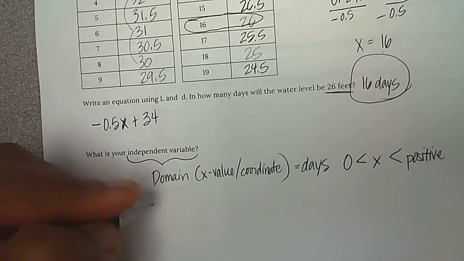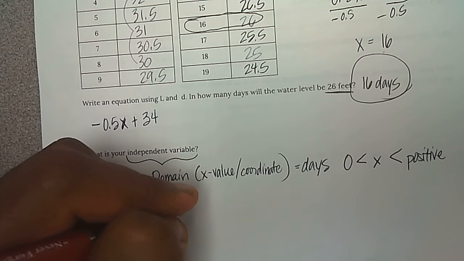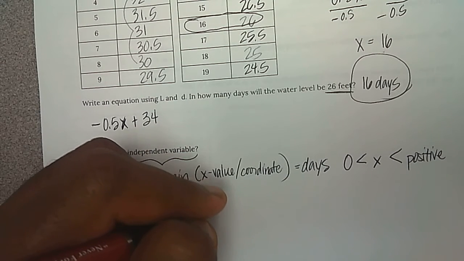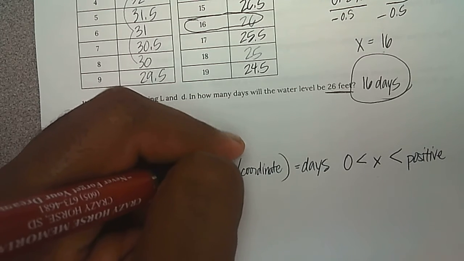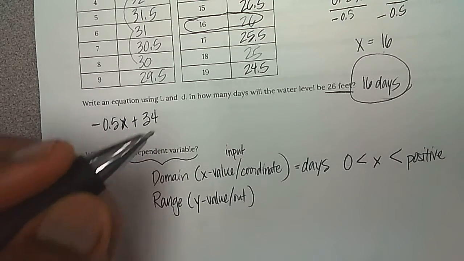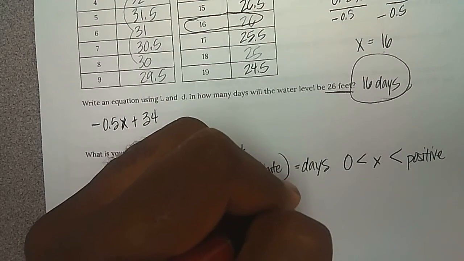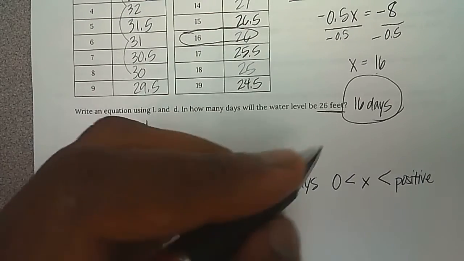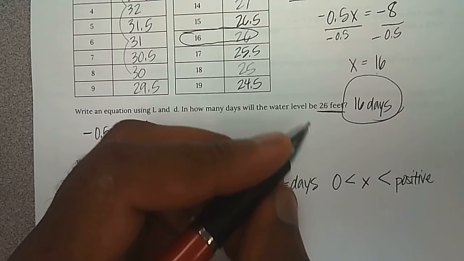Your range, so if your domain is X, your range is your Y. If this is input, this is output. So if that's days, this is levels. And that level has to be positive. Like I said, I can't have negative numbers.